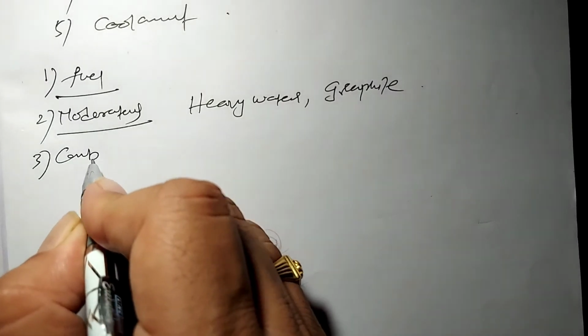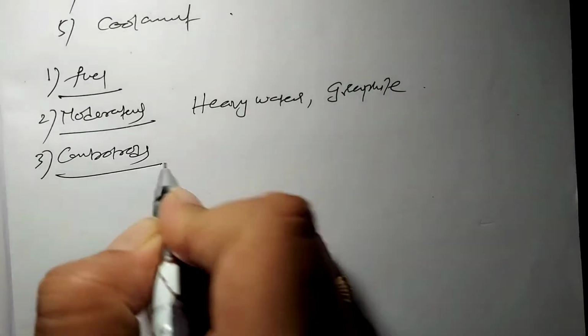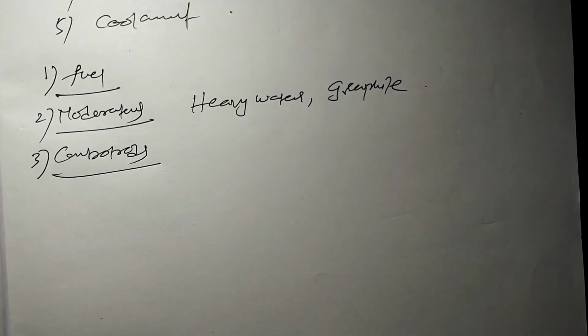And control rods. The reaction that takes place in nuclear fission is a chain reaction. That chain reaction should be controlled by absorbing the neutrons released in the fission process. How is the chain reaction controlled? By using the control rods.